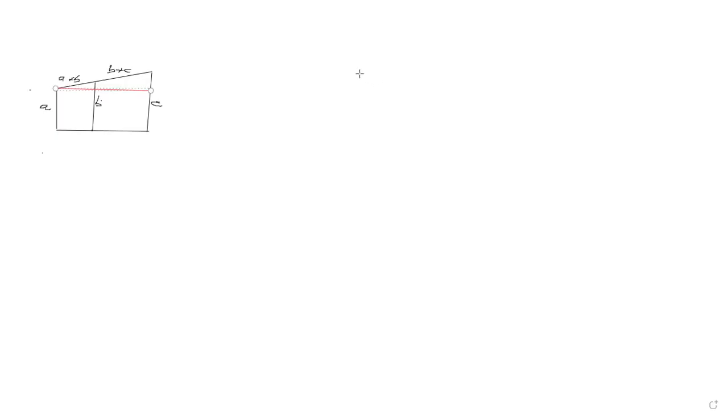Then you will get two triangles which have the same angles, the small one here and this large one, because these are parallel. Therefore we can use trigonometry to work out ratios, and that will give you some equation involving A, B, and C.